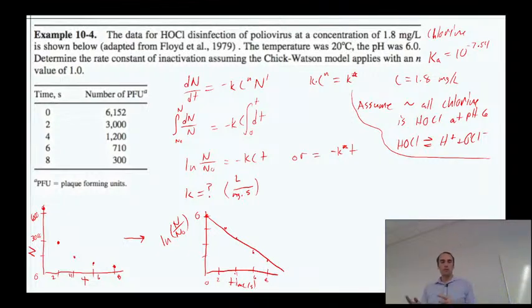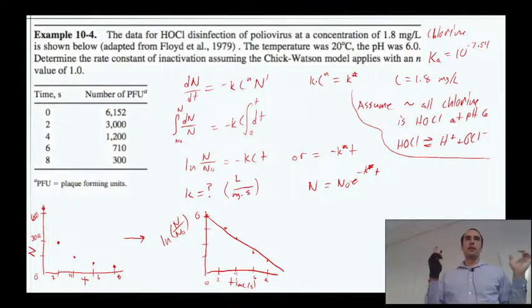So if we transform that into this natural log form, and by the way, we could leave it as N equals N naught times e to the negative kt or kCt, either way we want to write it. We could leave it that way, and that's this plot at the bottom left there.